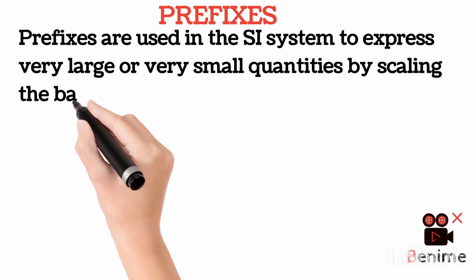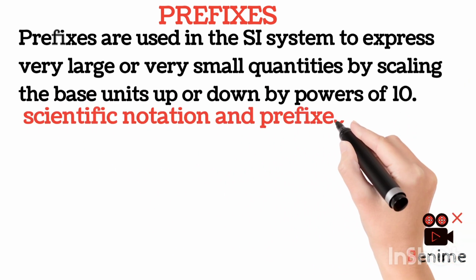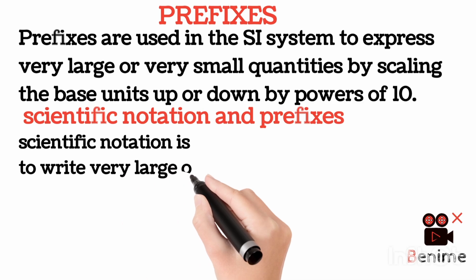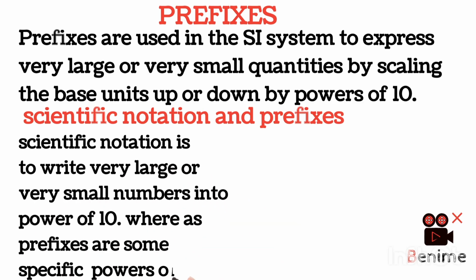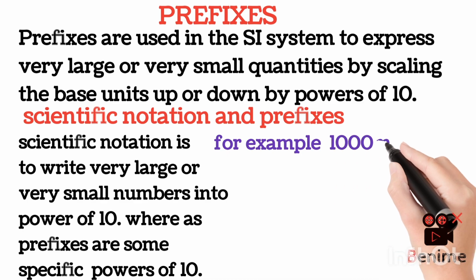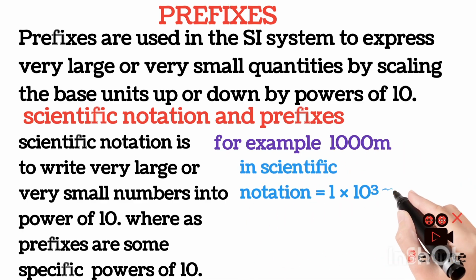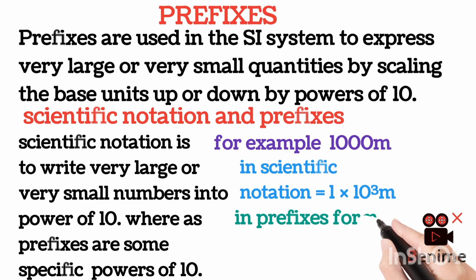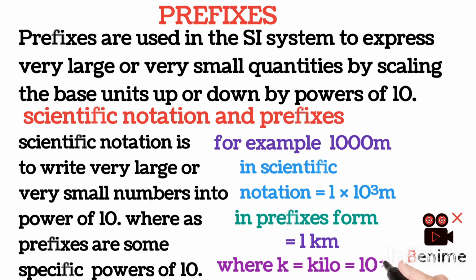Prefixes are used before a unit. These are specific values written in scientific notation. For example, kilo has a specific value of 10 power 3, which is specific for kilo only. It is represented by the K symbol, and just by looking at the symbol we understand that the unit is in kilogram or kilometer.